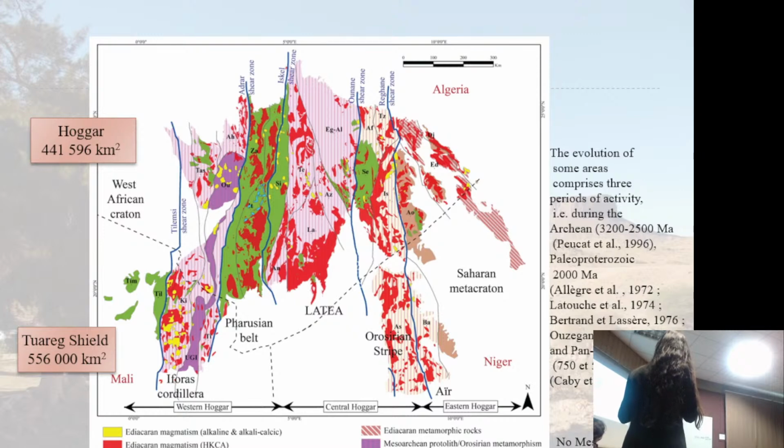So if we go from west to east, going from the West African Craton to Central Hoggar, you will have 2 big units: the Iforas Cordillera and the Pharusian belt. Then you move to the Central Hoggar, and here you have what we call the Laouni and the Azrou-n-Fad stripe. And completely to the east, in contact with the Saharan Metacraton, you have the Eastern Hoggar. It's written right here.